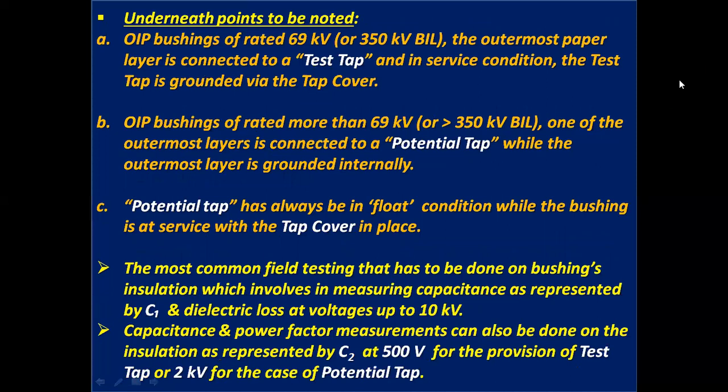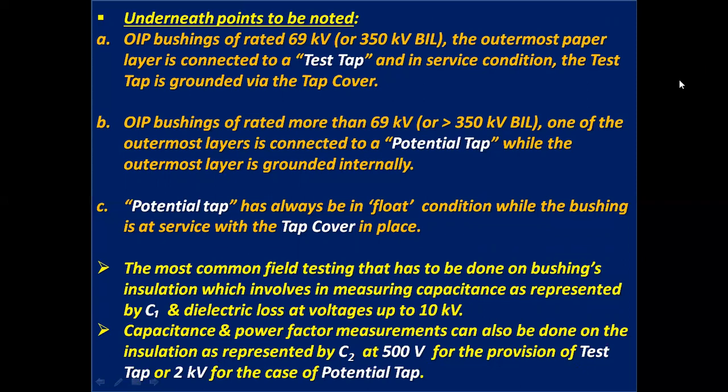Points to be noted, it is very important. A. Oil impregnated paper bushings rated 69 kV or 350 kV BIL: the outermost paper layer is connected to a test tap, and in service the test tap is grounded via the test tap cover.